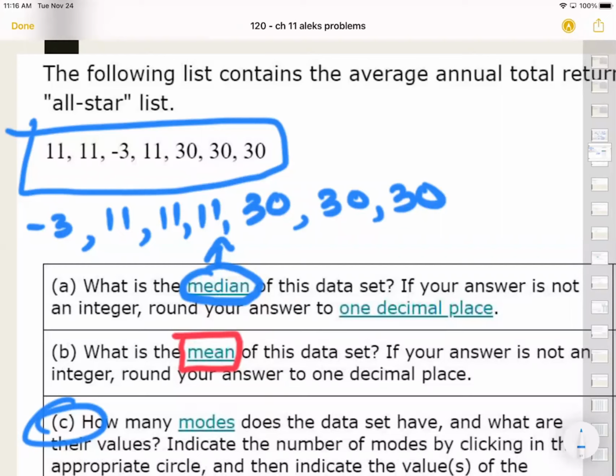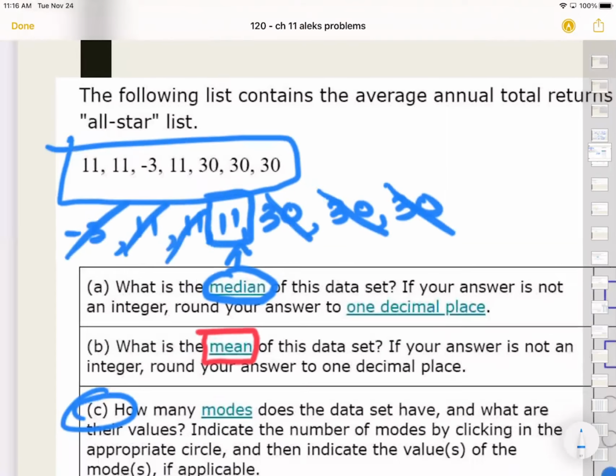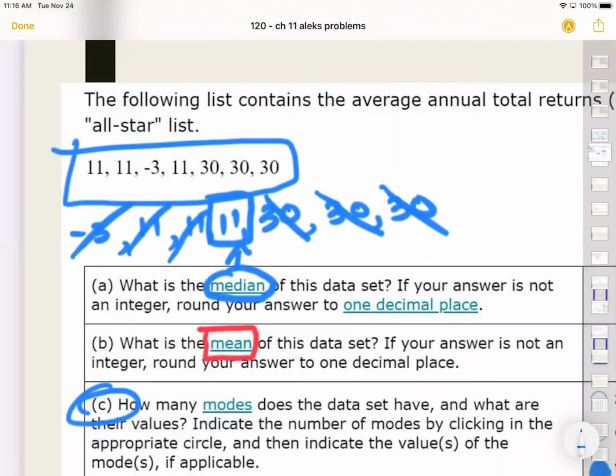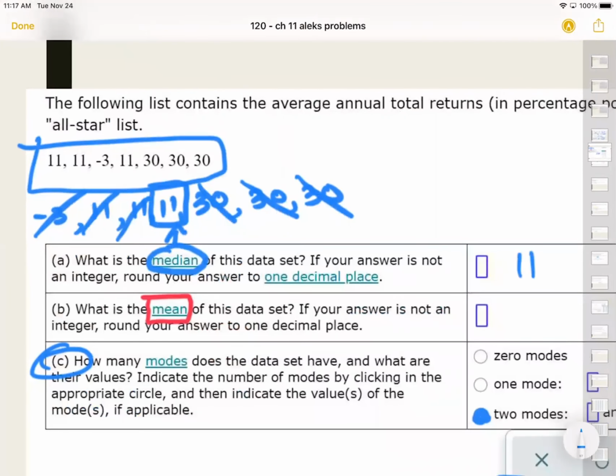Because this is an odd number of items, I know there are 3 numbers to the left and 3 numbers to the right, so the median will be 11, right? To find a median, I put them in order, and if it's an odd number, the middle number is the median. If it's an even number, I add the two middle numbers and divide by 2, right?